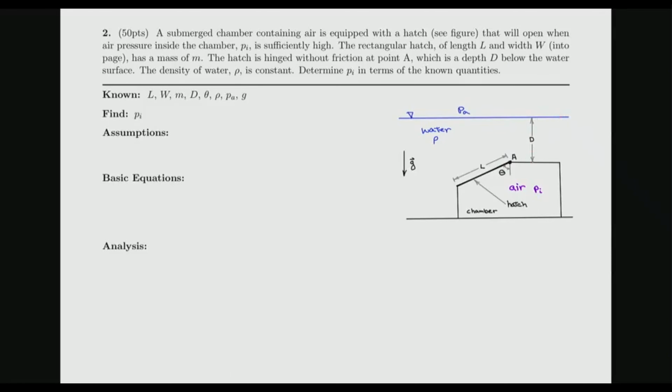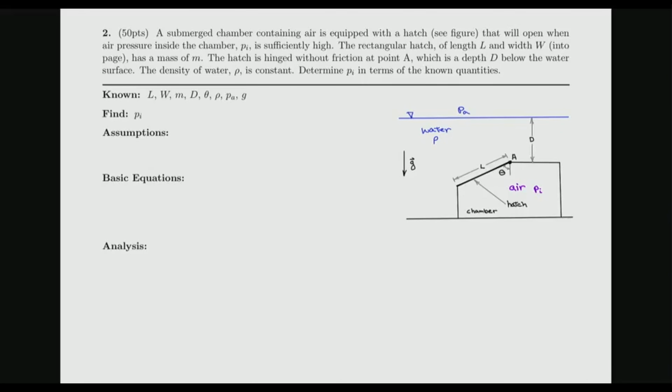The density of water, rho, is a constant, and we determine P sub I in terms of the known quantities. So we want to determine P sub I, the value above which the hatch will open. Does everybody understand the physical problem?